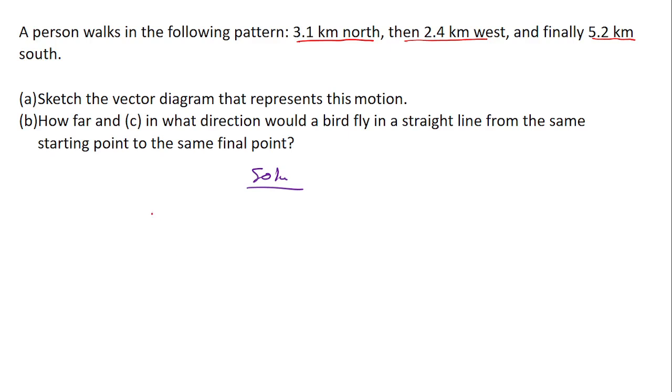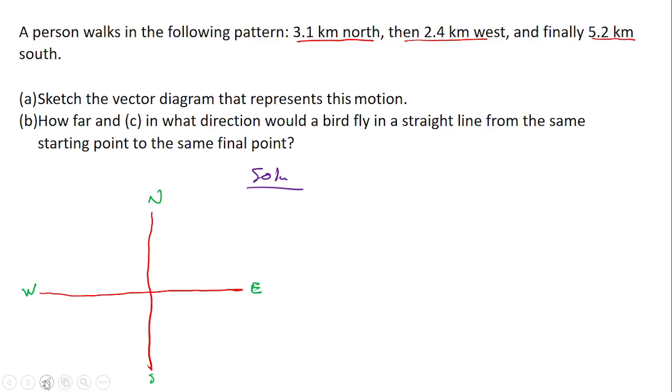So we are still going to use the XY plane, and from there you can simply put the directions. The first one is north, then east, then south, and lastly west.